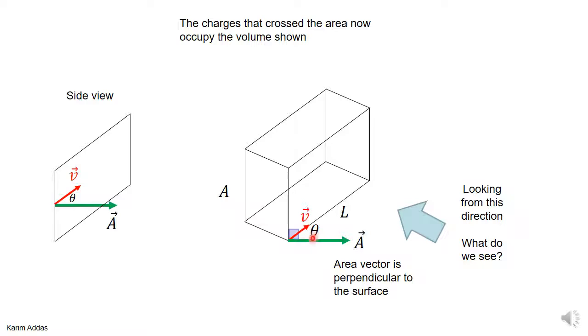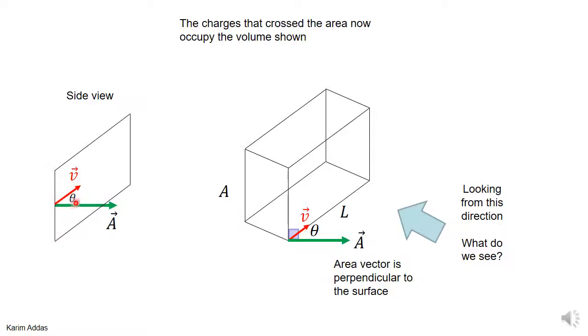Okay, now if you make a vector A that's perpendicular to the area, it might be difficult to imagine this in this three-dimensional representation, but imagine you're looking from this side, then you can see basically the side only, and the area in this case is this, and it's coming out of the page.